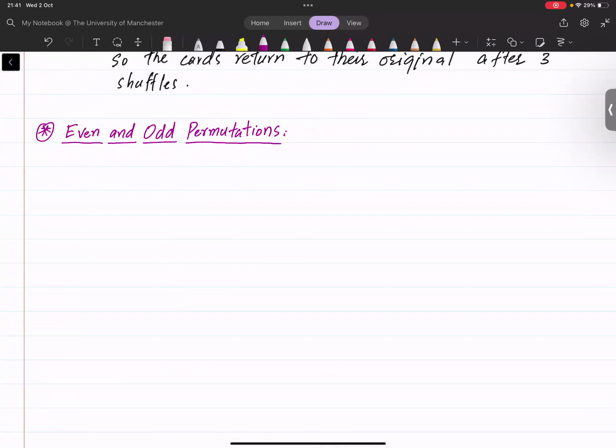Okay, so let's start with an example. Let's take n is 3 and let the variables x1, x2, x3 be 3 variables.